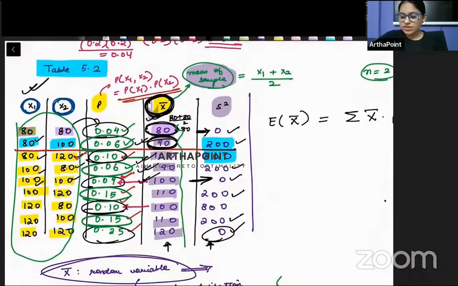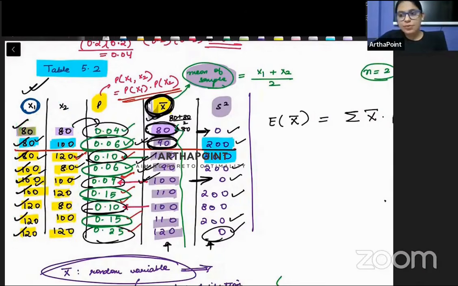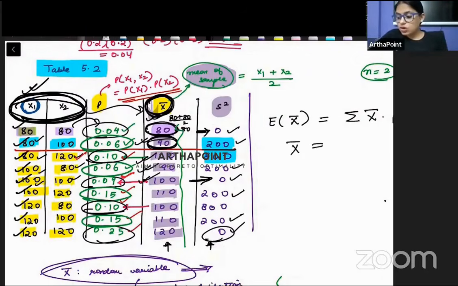And I had shown you that these were the 9 samples that we had: 1, 2, 3, 4, 5, 6, 7, 8, 9. Depending on what sample we had collected, जो भी हमने sample collect किया था, based on the sample we had collected, we were getting the sample mean. So the sample mean differed. The sample mean was not equal to the population mean. हमारा जो population mean था वो अलग था and sample means were very, very different.